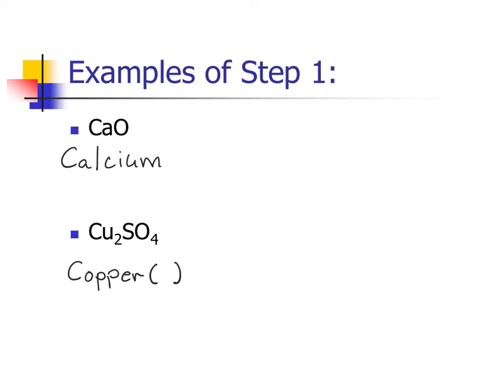Usually when you have just two capital letters, that means you have no polyatomic ions. In this one here, we have three capital letters, meaning we have a polyatomic ion. Now, if you have four capital letters, that is almost guaranteed to be at least one polyatomic ion, if not two polyatomic ions.